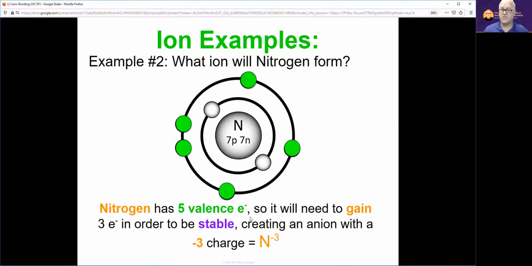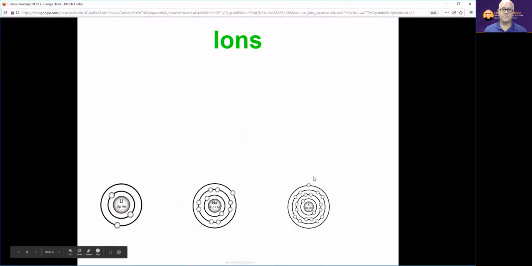So nitrogen has 5 valence electrons, so it's going to need to gain 3 electrons in order to become stable, creating an anion with a -3 charge. So this would be shown as nitrogen -3 as a superscript, knowing that it is negatively charged.